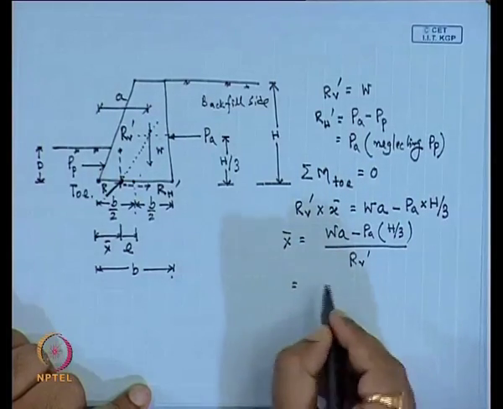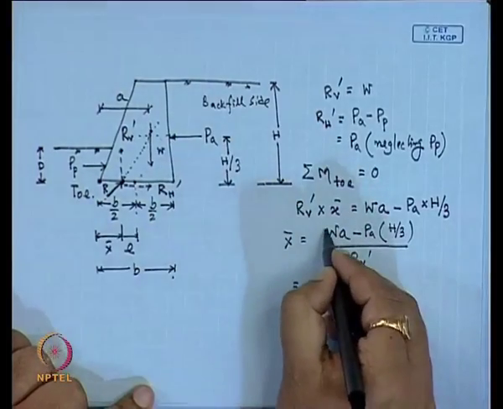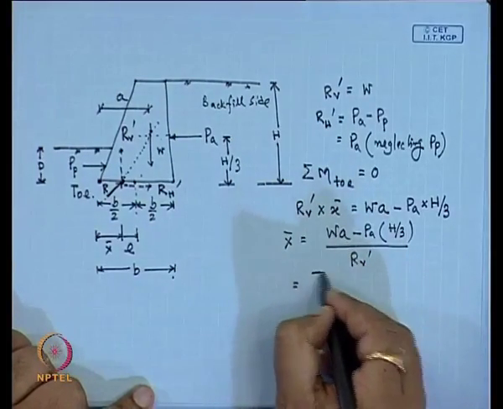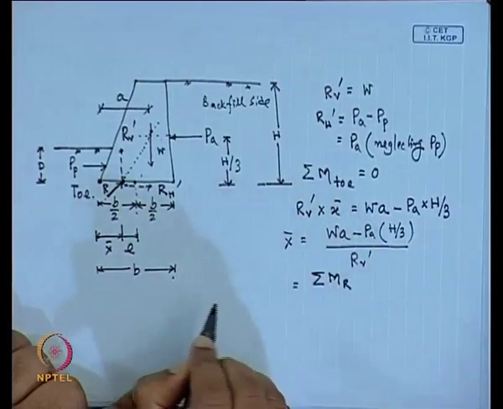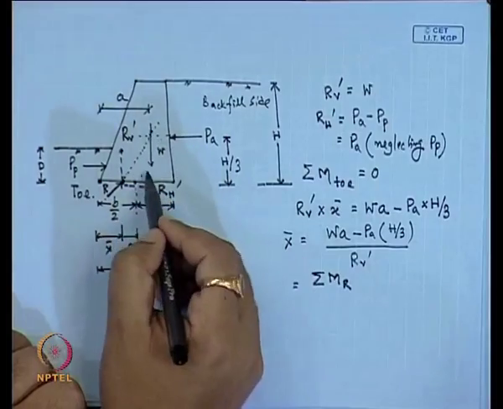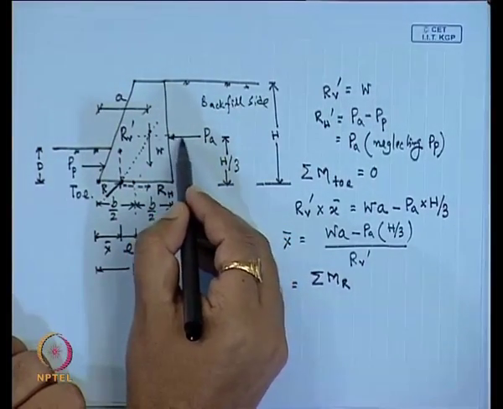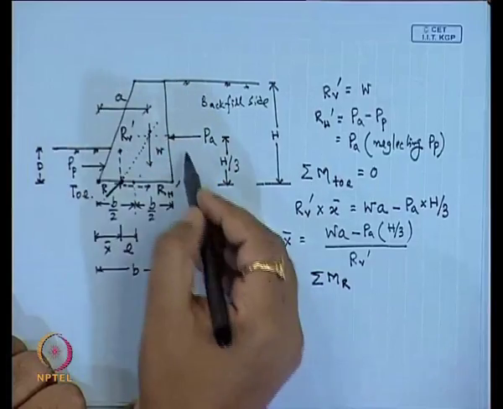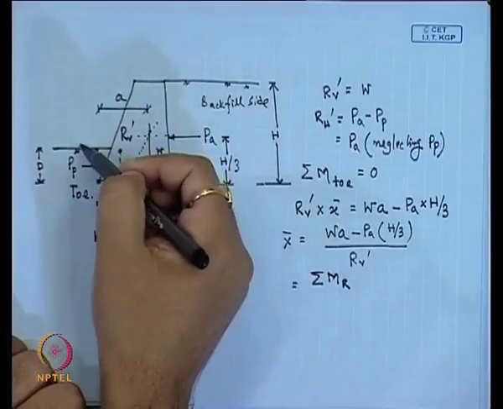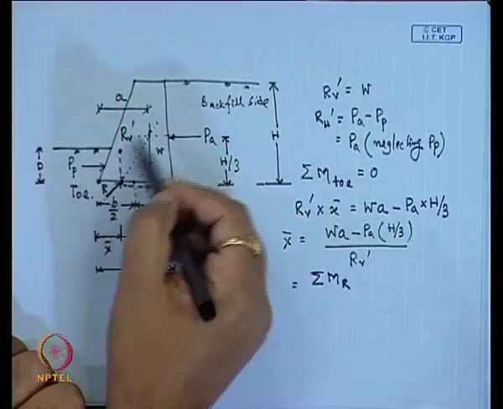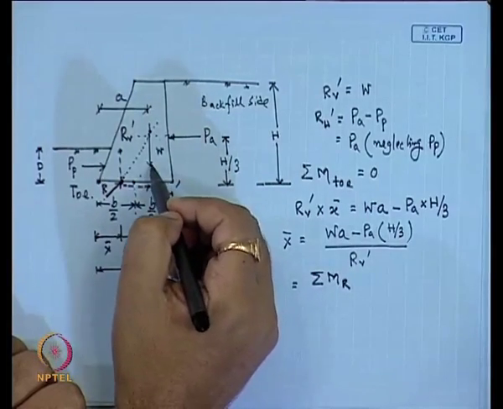So, if we write this in the general form, then W a is the summation of all moments which give the resistance, because this weight is actually giving the resistance, and this P a is trying to overturn this retaining wall. So, it is pushing from this side and trying to overturn the retaining wall, and the weight of the retaining wall is basically providing the resistance.